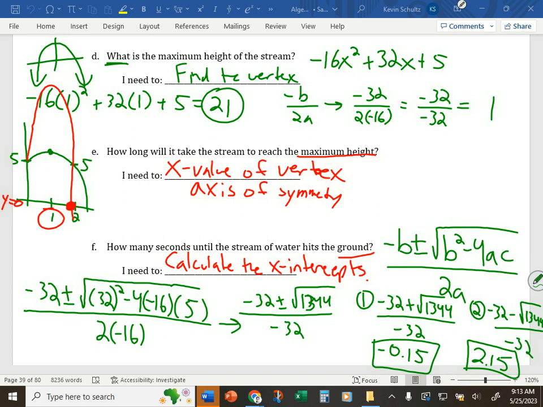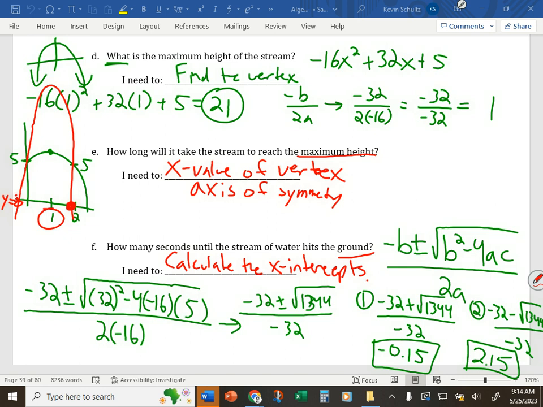The answer has to be 2.15 because it can't be like negative 9. So now you have to look and remember we're talking about context here, right? Does the graph of this parabola cross the x-axis at negative 0.15? The graph does, yes. If we were to continue this down, it would cross the x-axis on the negative side.